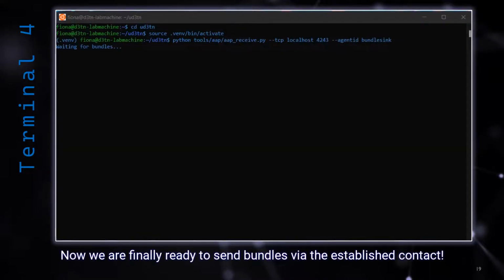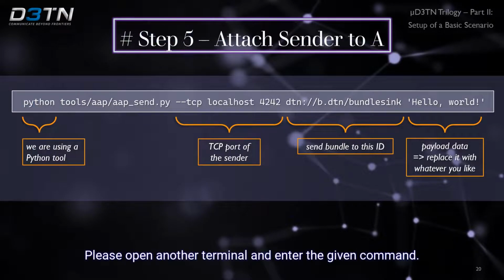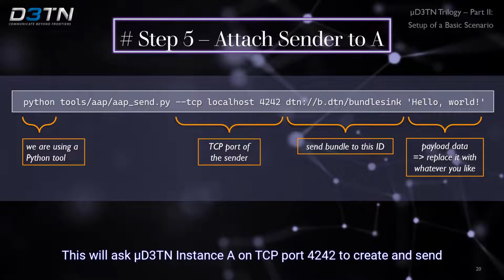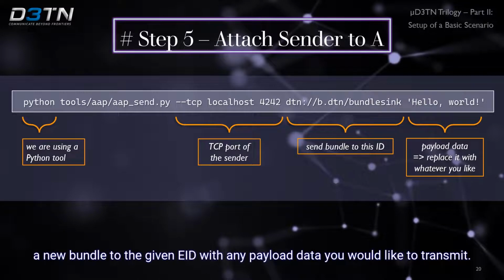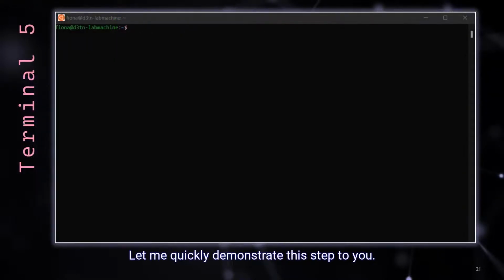Now we are finally ready to send bundles via the established contact. Please open another terminal and enter the given command. This will ask µD3TN instance A on TCP port 4242 to create and send a new bundle to the given EID with any payload data you would like to transmit. Let me quickly demonstrate this step to you.